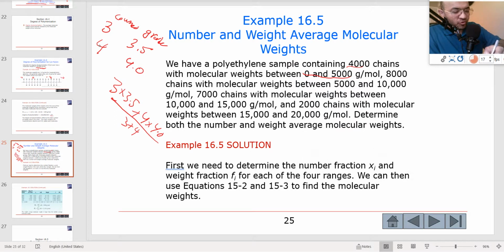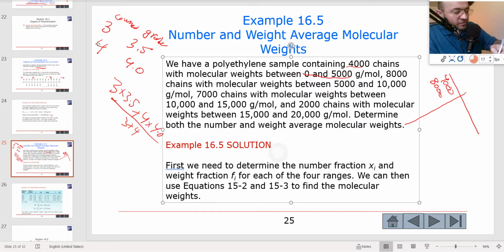So they could actually show us in a table rather than this confusing shape, right? We have 4,000 chains, 8,000 chains, then 7,000 chains, and then 2,000 chains.